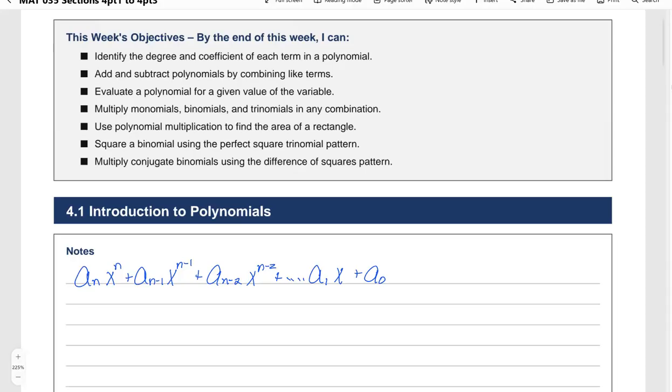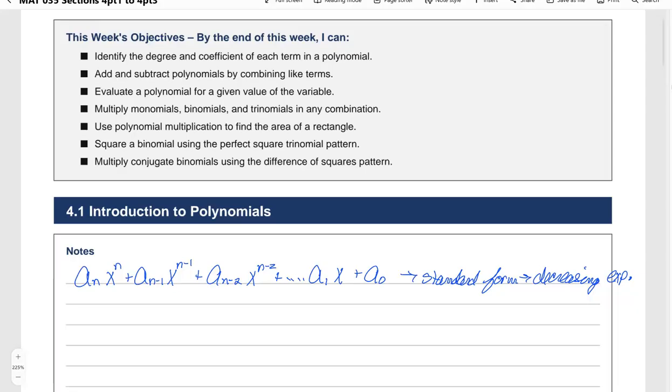If it's written in standard form, it's going to have decreasing exponents. I'll abbreviate exponents exp. So decreasing exponents.